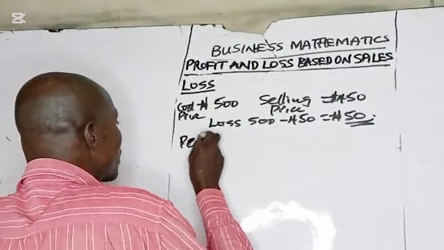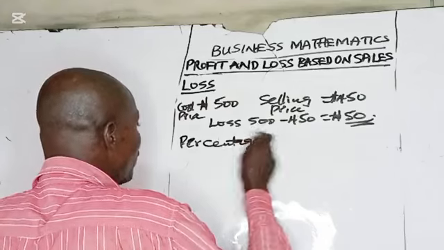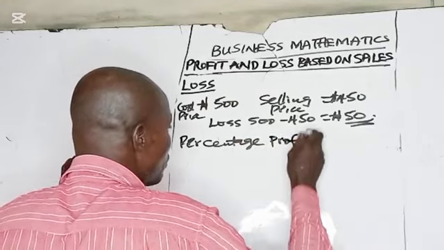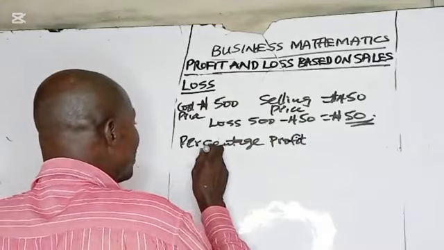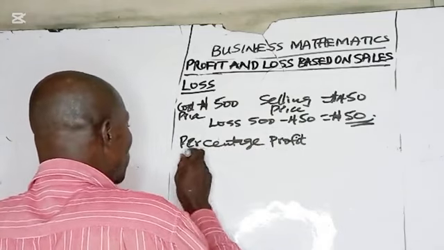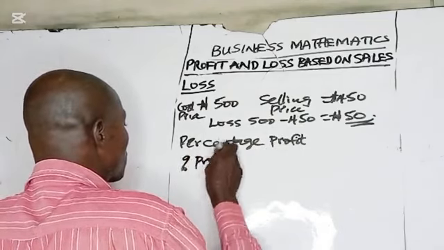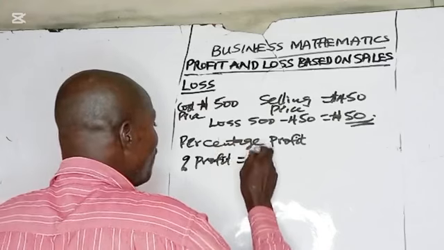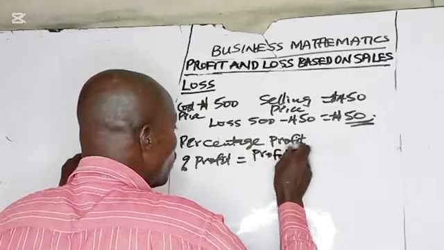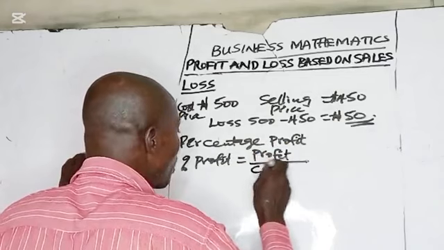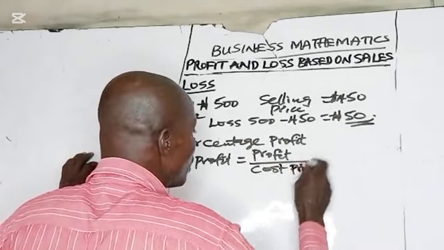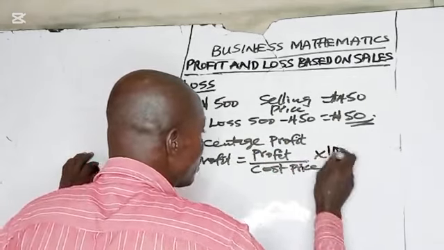Then we have percentage profit. Percentage profit will be equal to profit over cost price times 100 over 1.